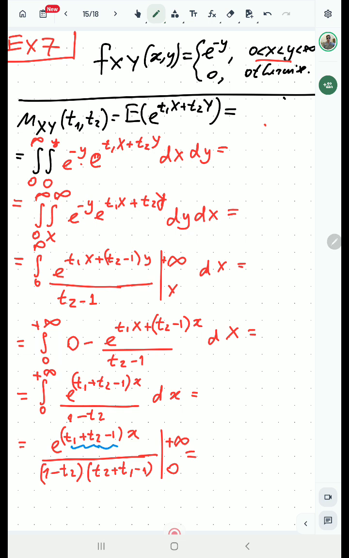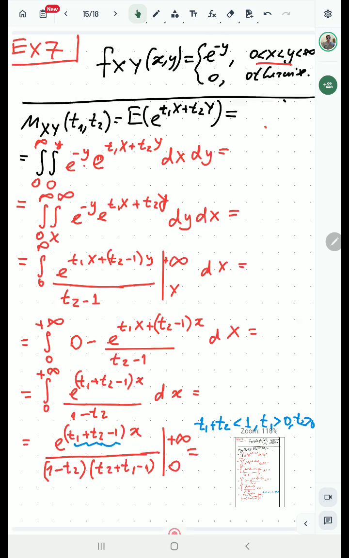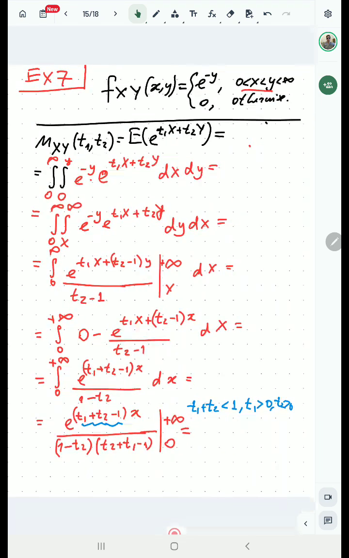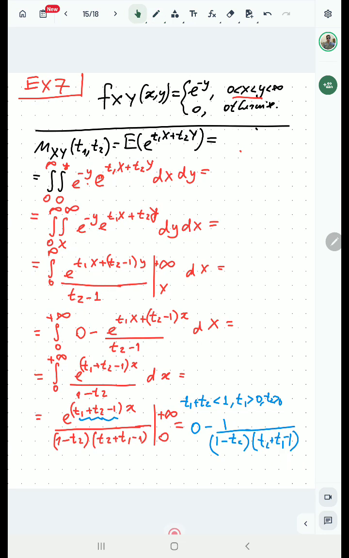So we suppose that t1 and t2 are positive values, and that t1 plus t2 is less than 1, and each of them is positive. So with these conditions, plugging positive infinity gives you 0 minus, and if you plug 0 instead of x, you're going to receive 1 over (1 minus t2) times (t2 plus t1 minus 1).